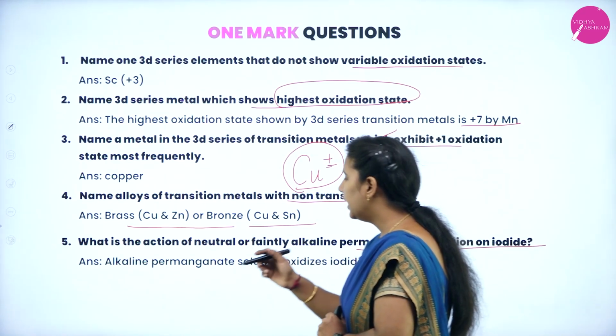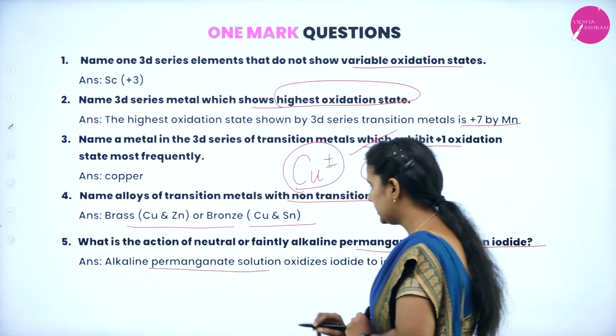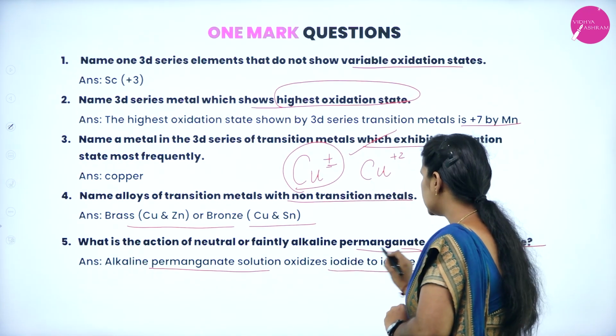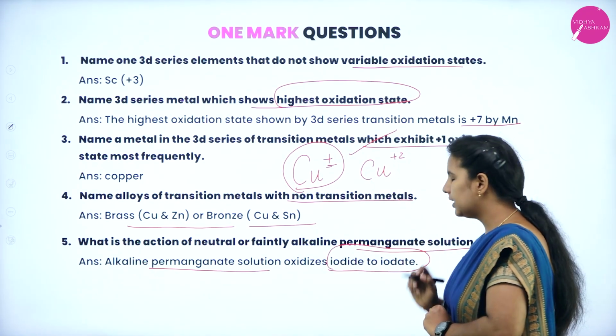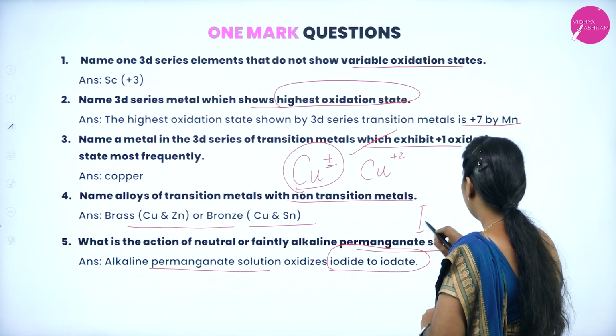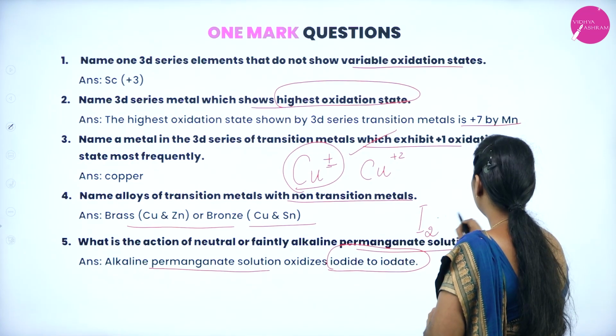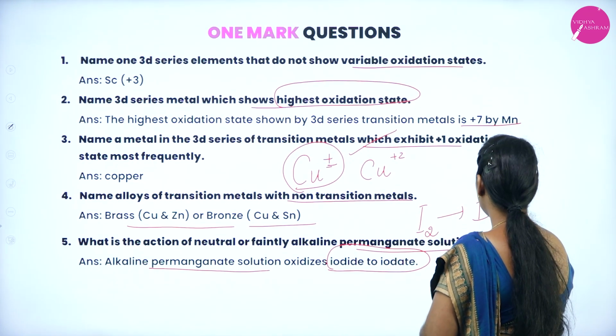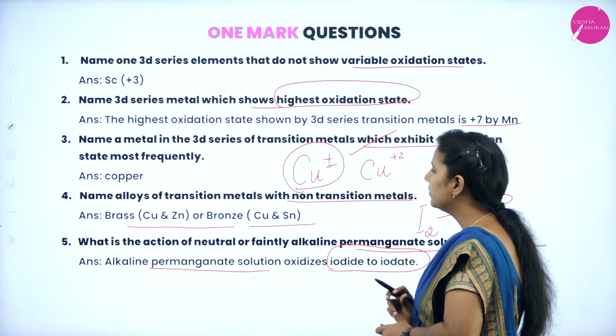We all know that alkaline potassium permanganate solution oxidizes the iodide to the iodate. Okay. Next question.